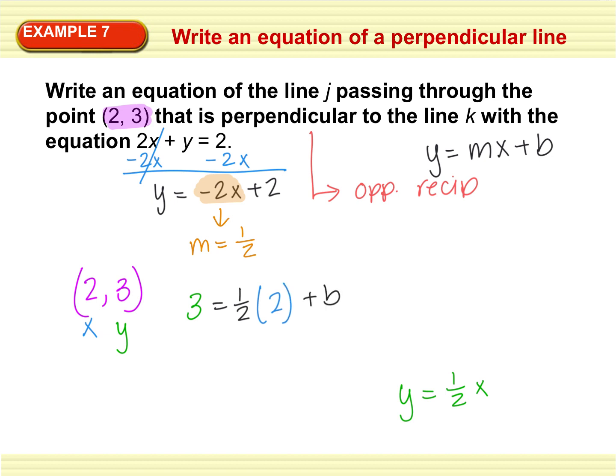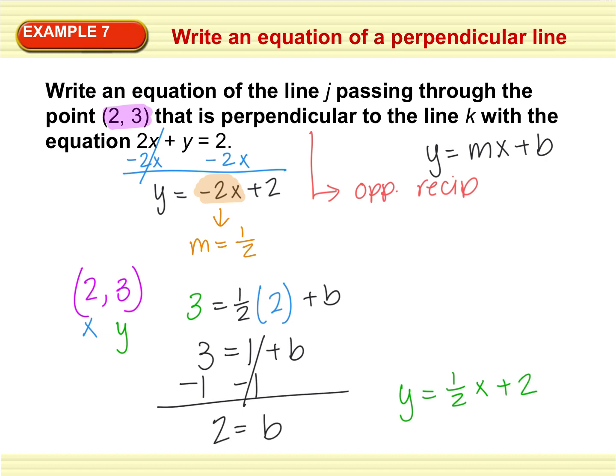So what's 1/2 times 2? I'm going to get 1. And then what should I do with that 1? I'm going to subtract it from both sides. 2 is going to equal b. And I have my answer.